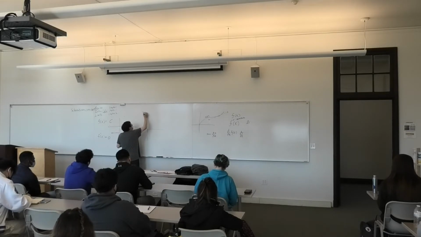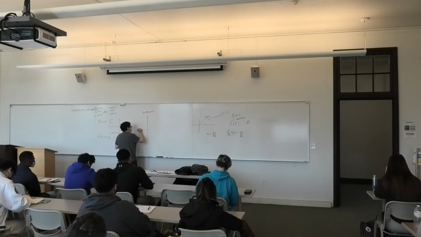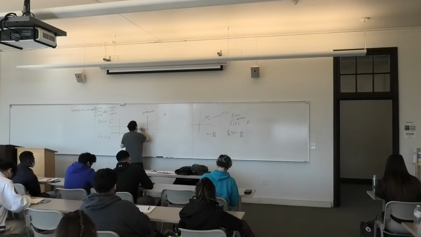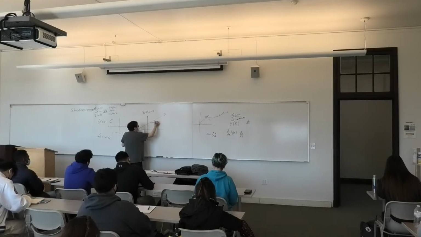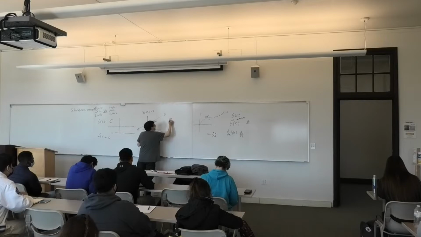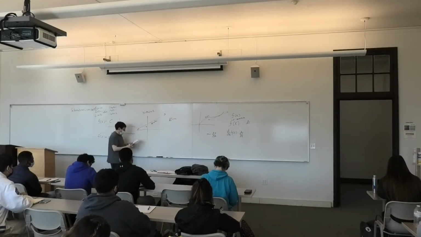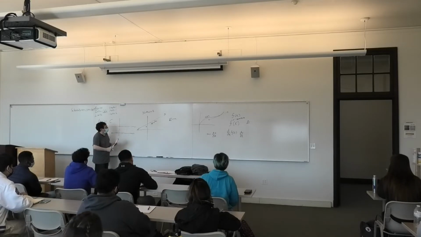Okay, let's try a little more complicated function. Let's try y equals mx plus b, which of course is a straight line. m is our slope. b is our y-intercept. So let's think about the slope along this line.